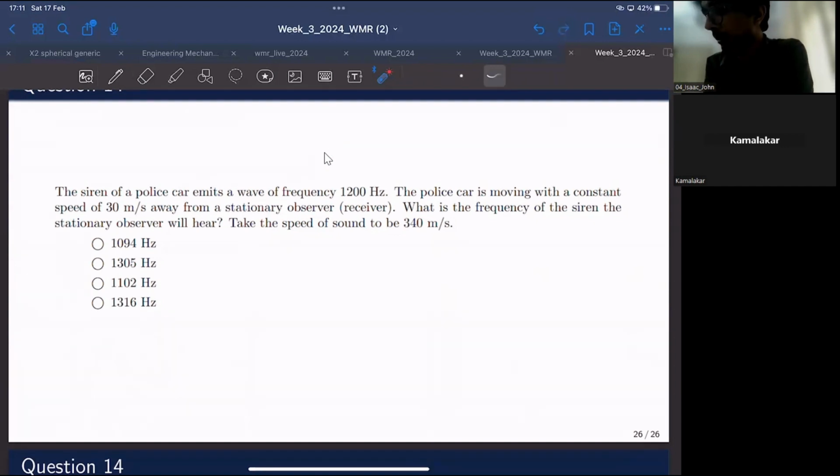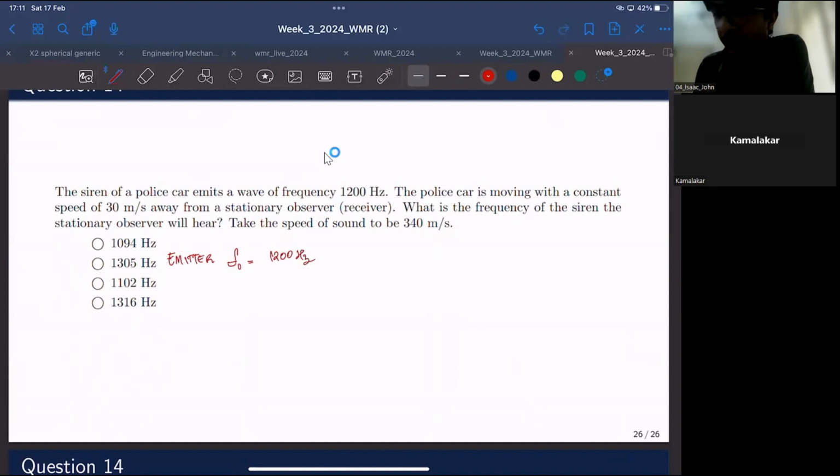It basically says the siren of a police car emits a frequency of 1200 hertz. So we'll denote F0 as the frequency of the emitter, emitter frequency as 1200 hertz.